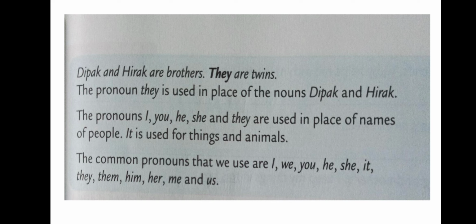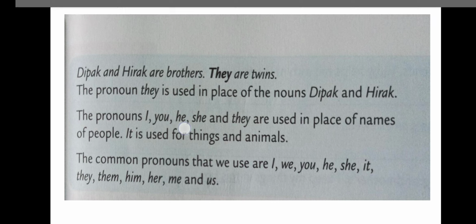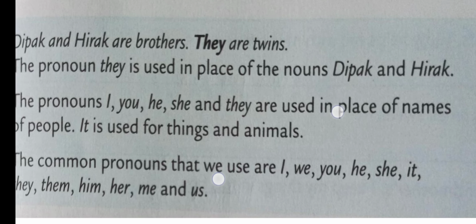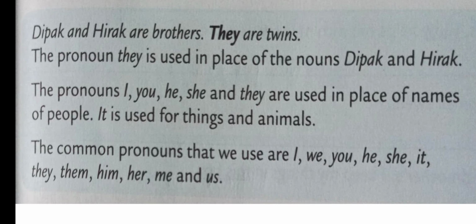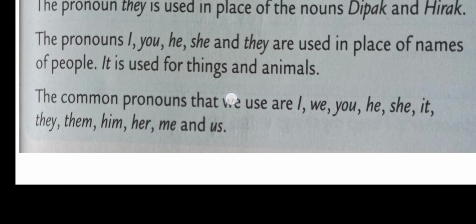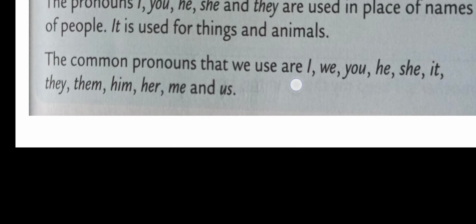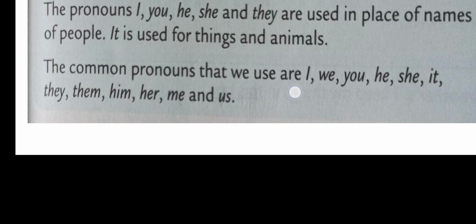Now here the pronouns I, you, he, she, they are used in place of names of people. So for the names of people, I, you, he, she, they are used. And it is used for things and animals.